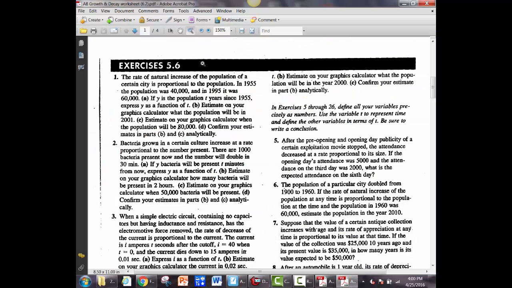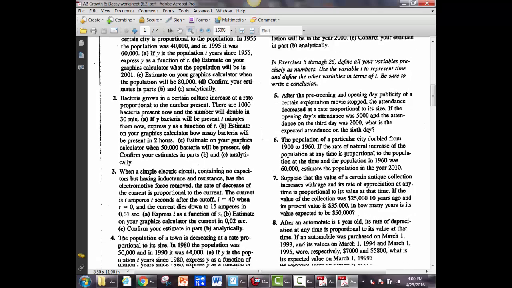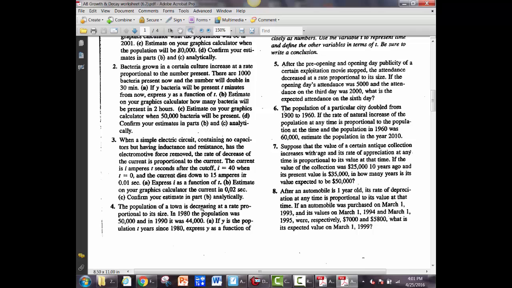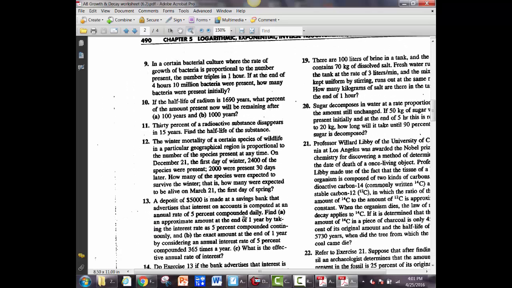Okay, this is from another textbook, but you'll notice it says the rate of natural increase of a population of a certain city is proportional to the population. Bacteria grown in a certain culture increases at a rate proportional to the number present. Population of a town is decreasing at a rate proportional to its size, which is the size of the population.